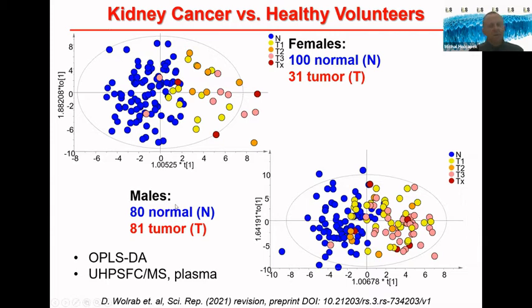Results for males are typically slightly better than for females, because in the case of females you have other factors like hormone cycle, contraception, and so on, which may slightly complicate the lipidomic quantitation, but in general, it's not so bad.